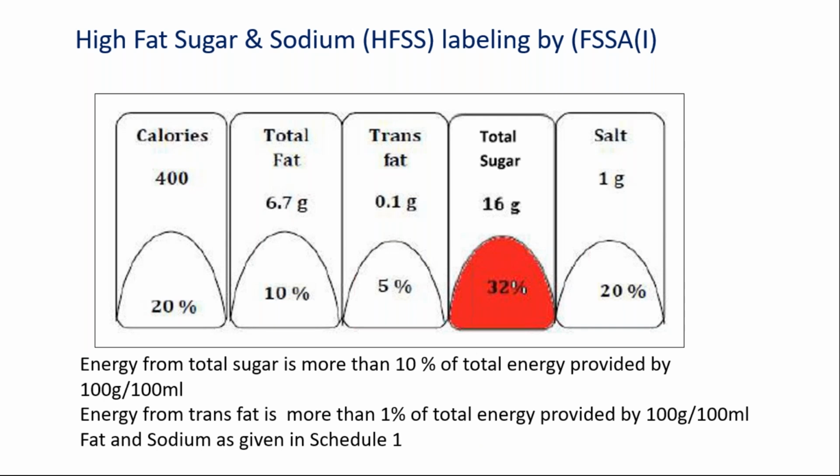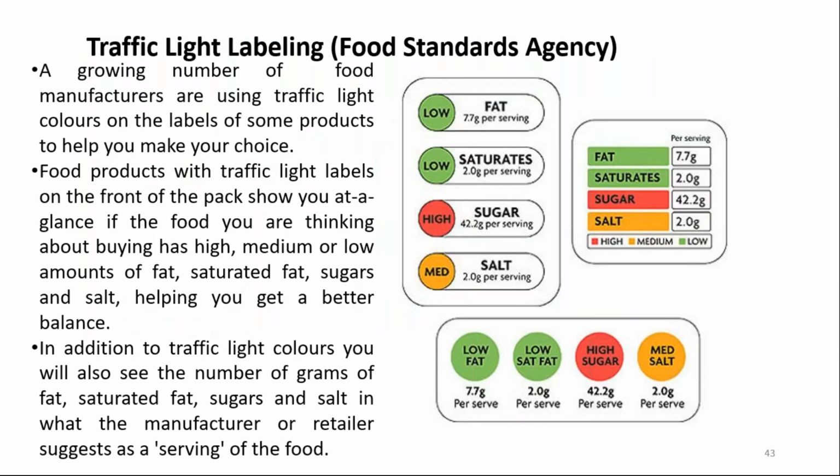So this system has come from what the Western countries use, what is known as traffic light labeling. In the traffic light labeling, the colors itself tell you what the food contains. So if you look at this food, it is high in sugar and it is medium in salt.